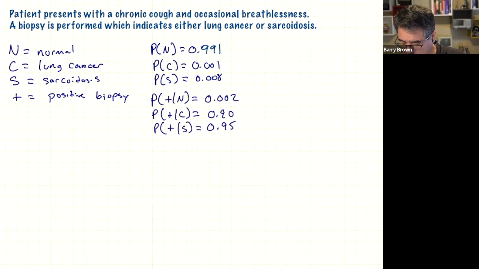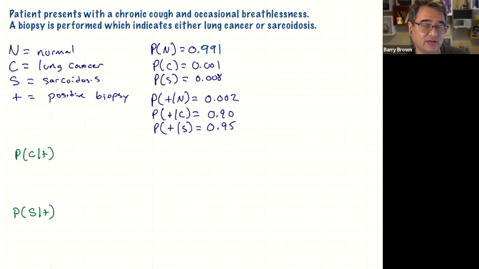The probability of having a positive biopsy, given that you have lung cancer, is 0.9. And the probability of a positive test, given that you have sarcoidosis, is 0.95. And so what we want to know is, if the test comes back positive, what's the probability of lung cancer? And if the test comes back positive, what's the probability that you have sarcoidosis?